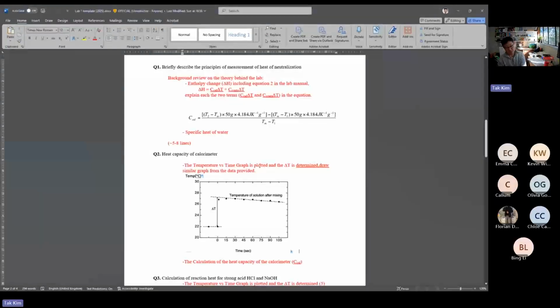So when it comes to making the graph, it needs to be based on your numbers, right? So you have to use your own data. Please do not use the numbers I used, because then we can tell you just copied and pasted onto your lab report.